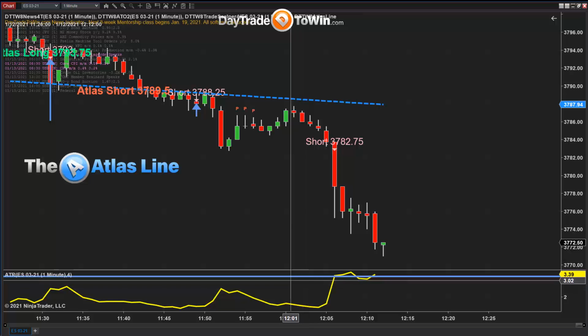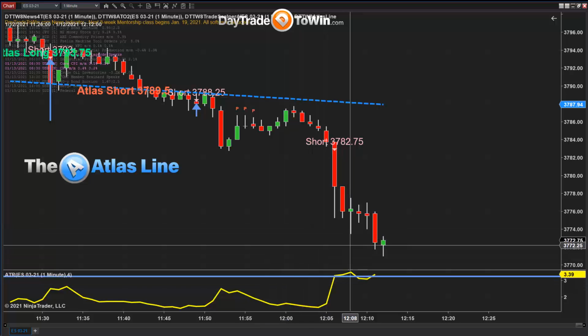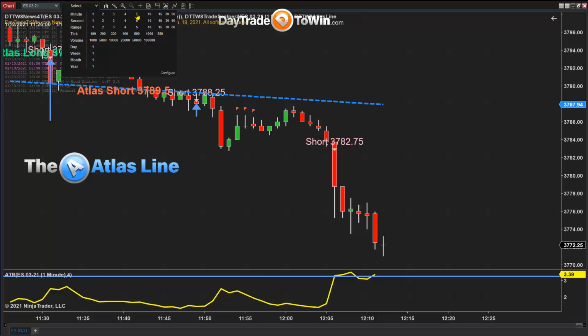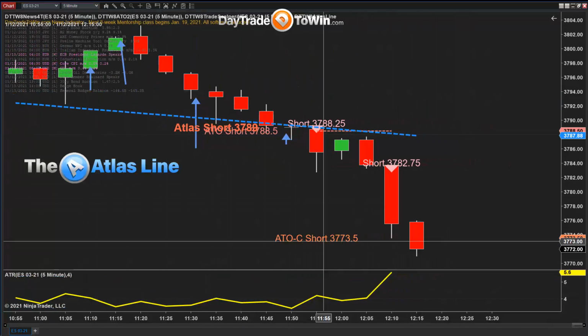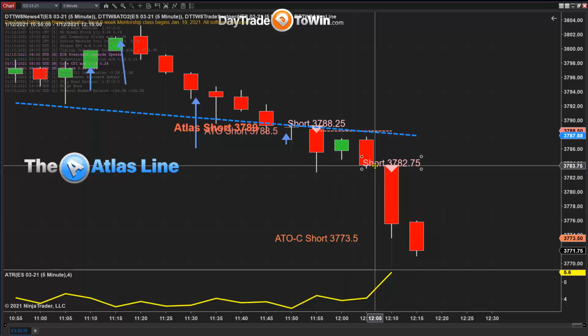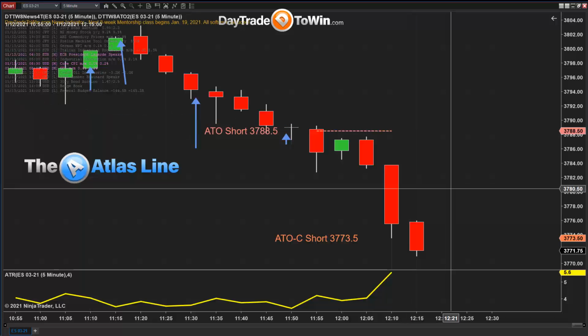Let's see if we have some opportunities here to go short. So let me go back to the 5-minute chart and remove the Trade Scalper, and I'm going to remove the Atlas line.